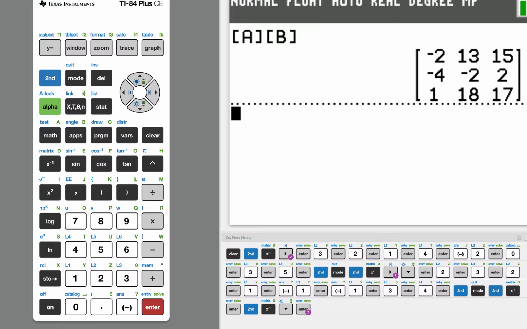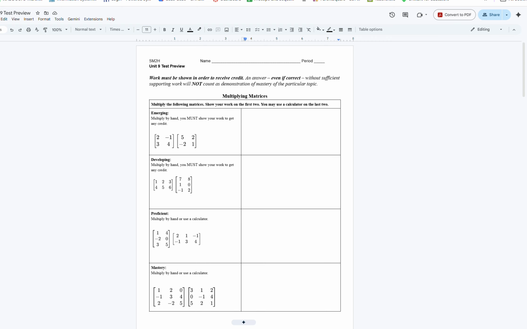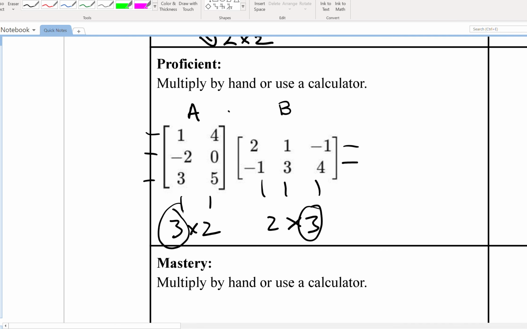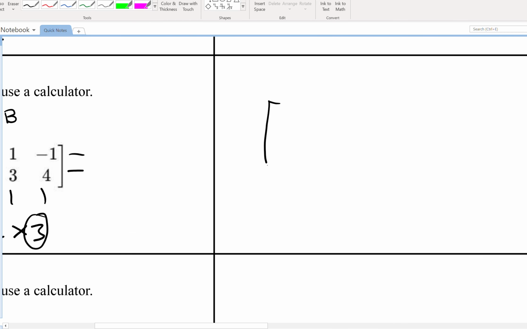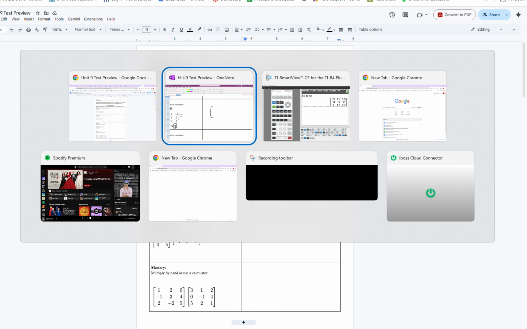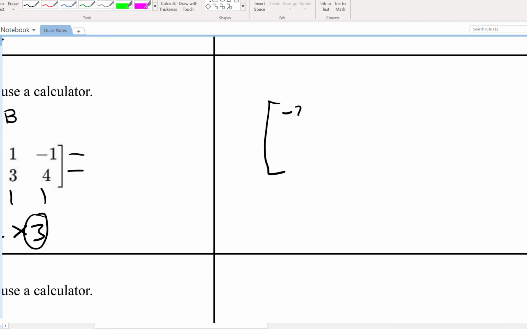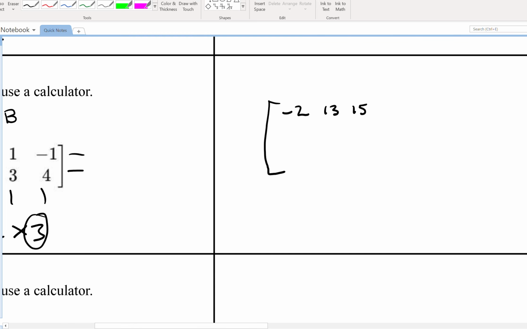It would be negative 2, 13, 15. Negative 4, negative 2, 2.